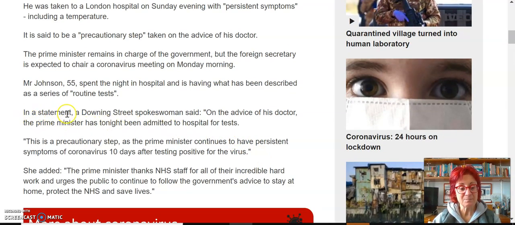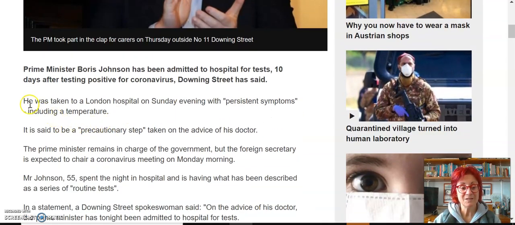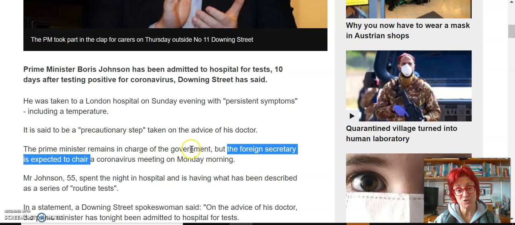And again, in a statement, a Downing Street spokeswoman, the person who is in charge of transmitting the news and the information, said, on the advice of his doctor, the Prime Minister has tonight been admitted to hospital. Okay, so look at, it is said to be, the Foreign Secretary is expected to chair.